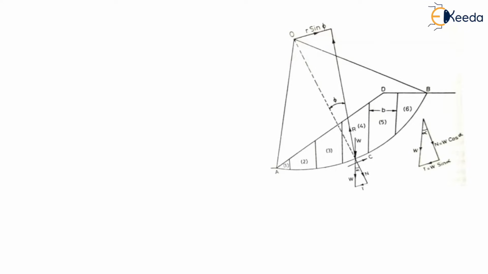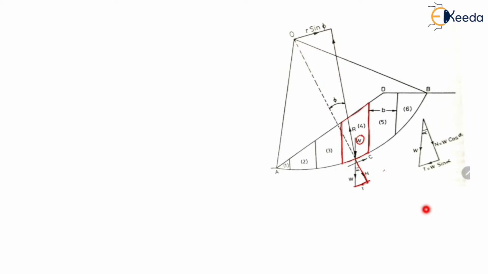For convenience, let us consider the equilibrium of a single slice. Now let us consider this slice number 4. The force acting on this slice is W, which is acting in downward direction. This force can be resolved into two components. First component is along the normal to the slip surface and second is tangential to the slip surface.